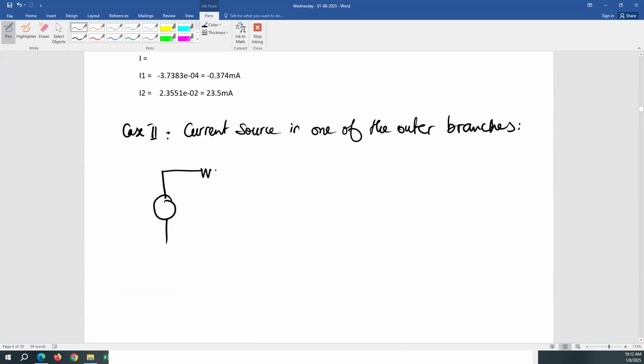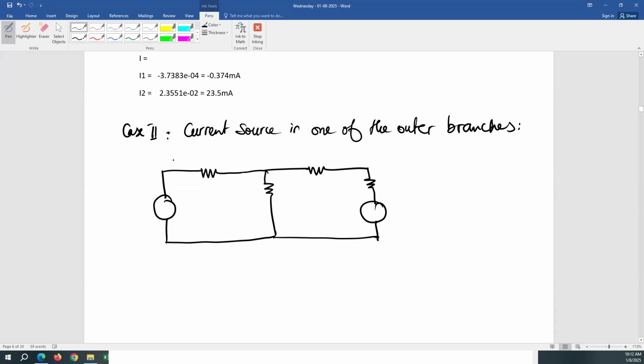So let's say you have this circuit, and let's assume this is a voltage source, V1, let's say 100 volt.